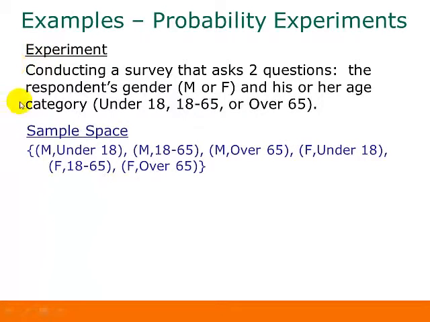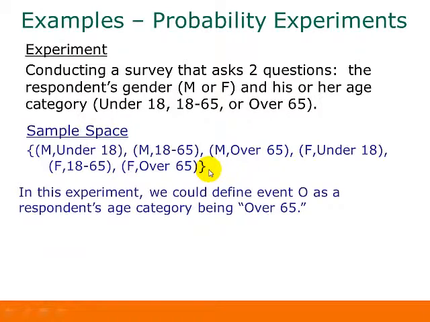So we have to look at how the respondent answered both of the questions. So here are the possibilities. They could have either answered that they were male and under 18, male and 18 to 65, or male and over 65, or they could have answered that they were female and under 18, female and 18 through 65, or female and over 65.